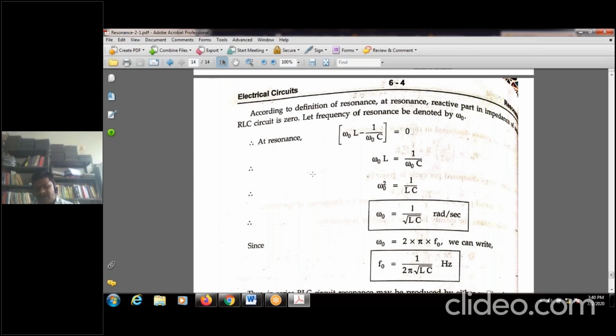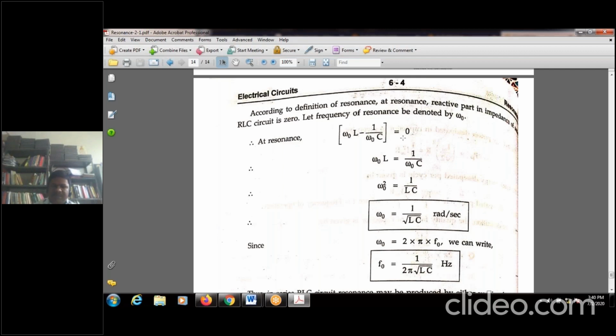I is equal to V by R only. That means the impedances from the capacitor as well as the inductor are cancelled: omega L minus 1 by omega naught C is equal to 0.